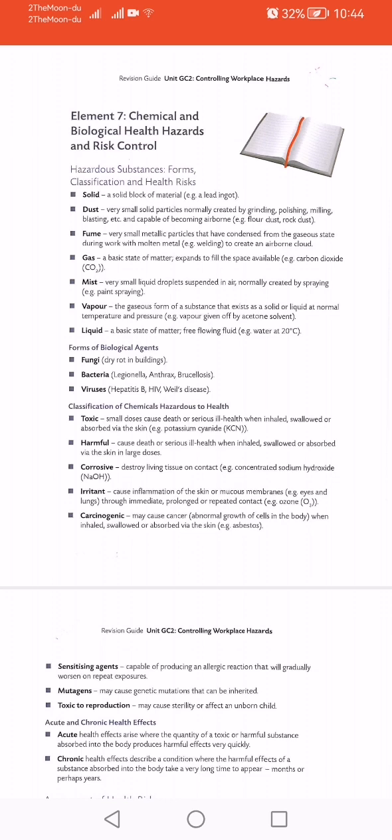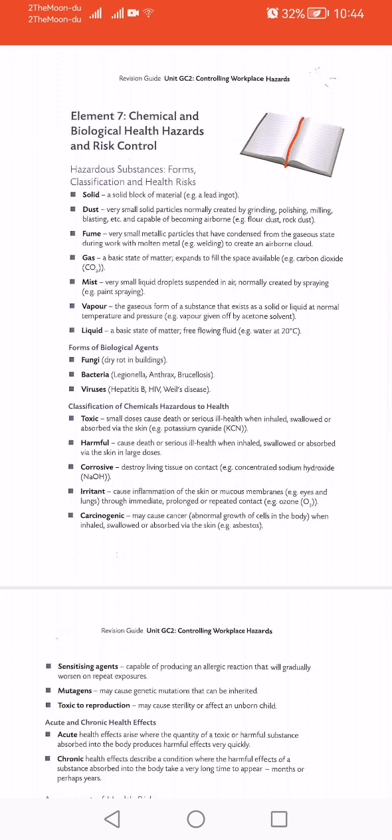Fungi, like dry rot in a building or in human beings. Then bacteria, like Legionella, anthrax, or brucellosis.